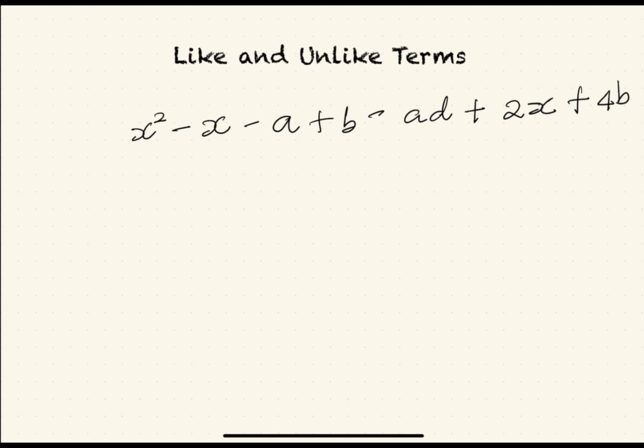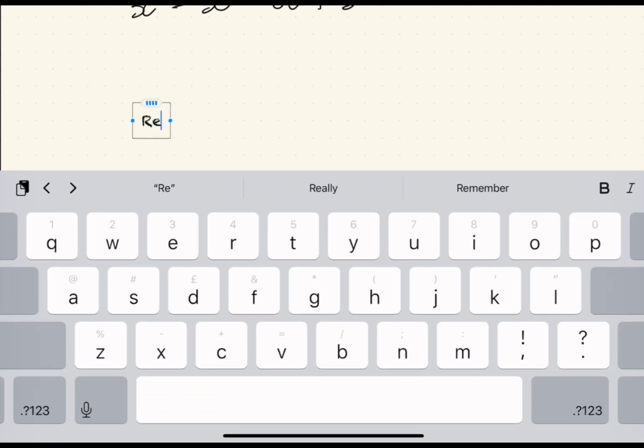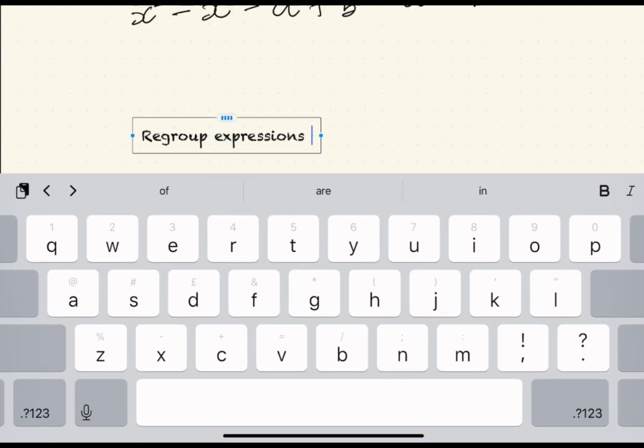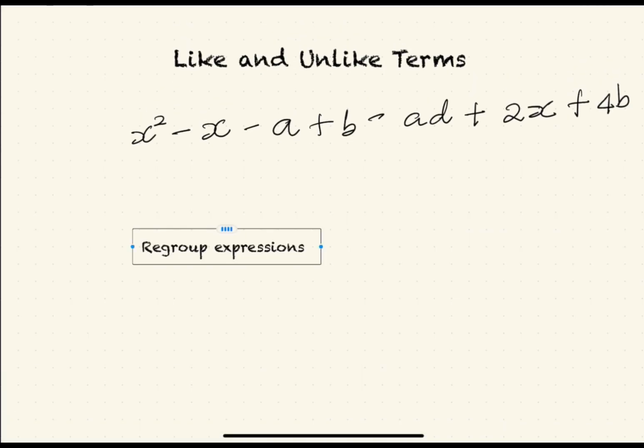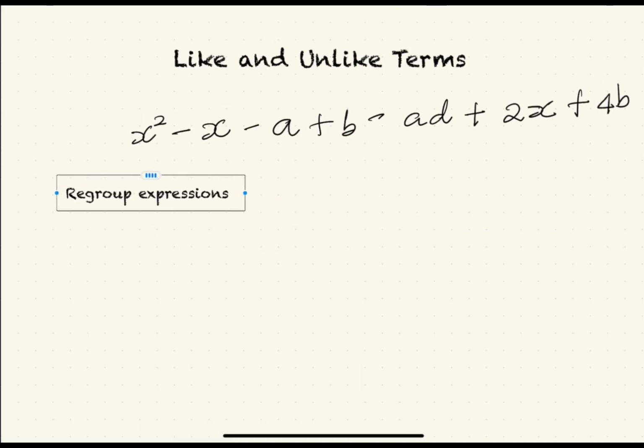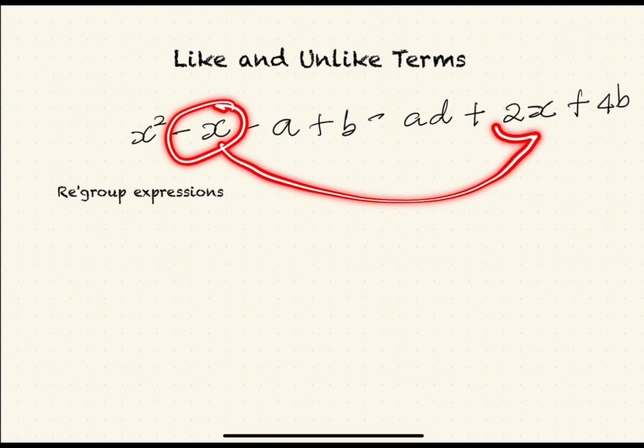So what I'll do is regroup our expressions, so that we can work with them, because the like ones can add each other. If you tell me to regroup this expression that we have right here, I would move them around so that the negative x and the 2x are placed next to each other.